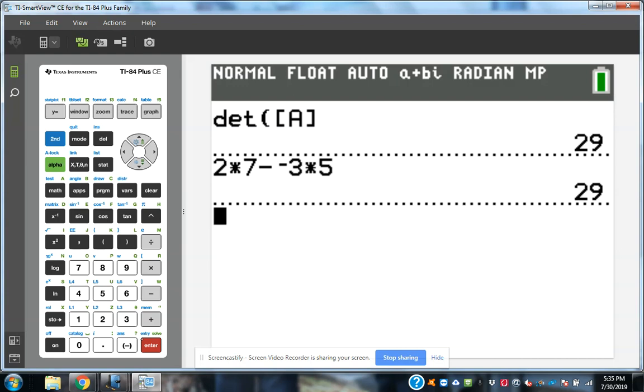But if I do a 3x3, it adds a ton more operations to the job. Let's see, 1, 2, 3, 4, 5, 6, 7, 8, 9, 10, 11, 12, 13, 14, 15, 16, 17. 17 operations is what it takes to do a 3x3.